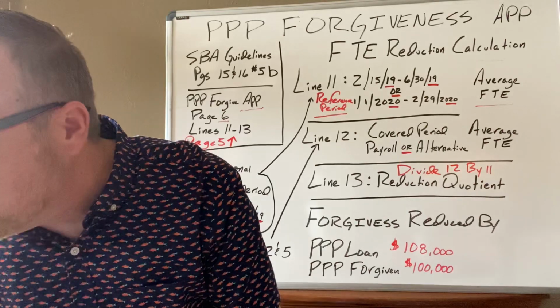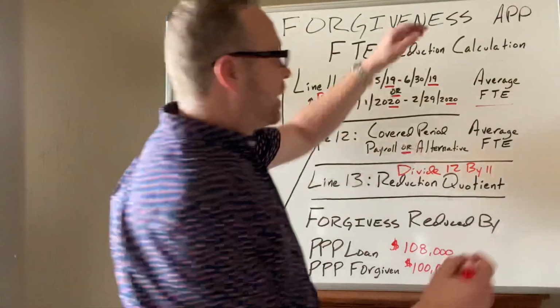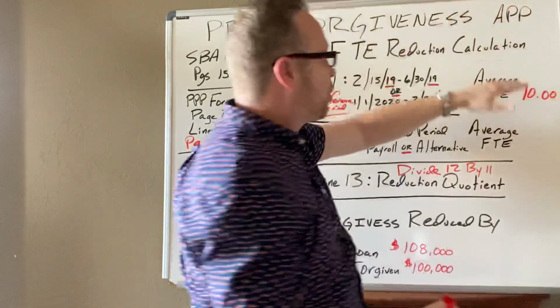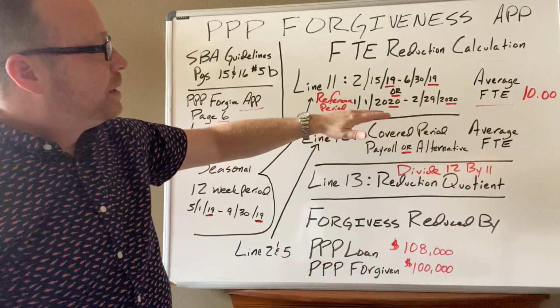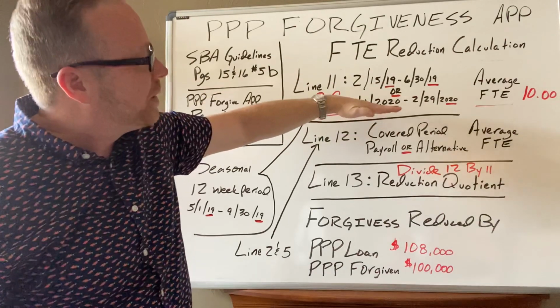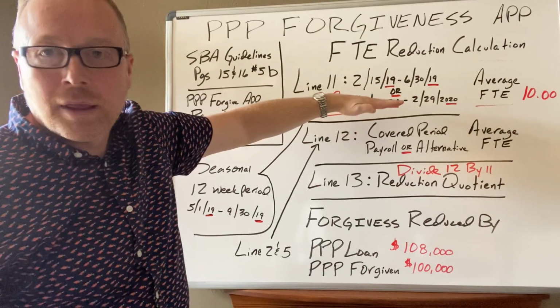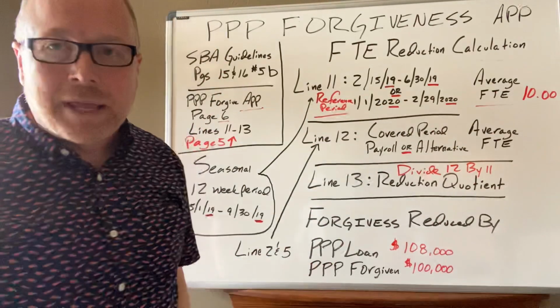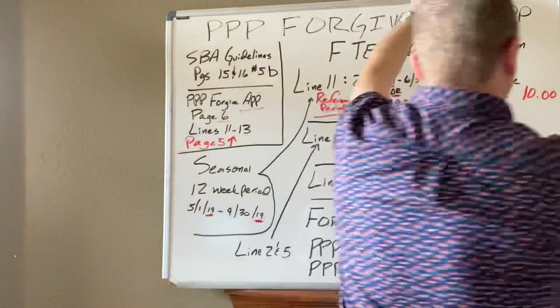So the reference period has 10 full-time equivalents. You pick the better period, and you do your average FTE. The covered period, in the example, is an 8.